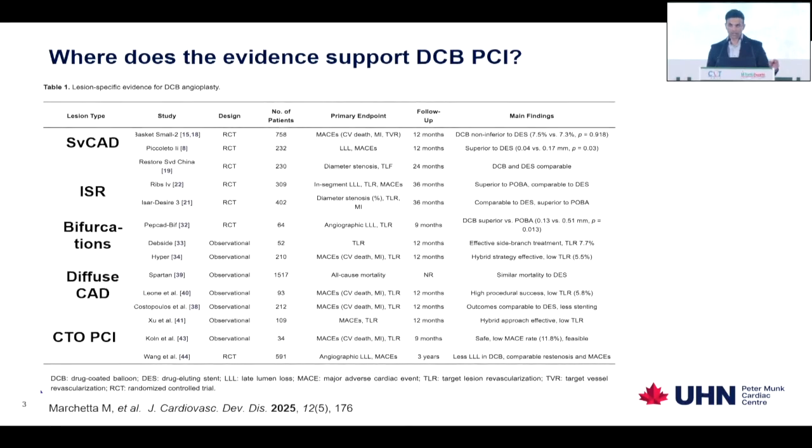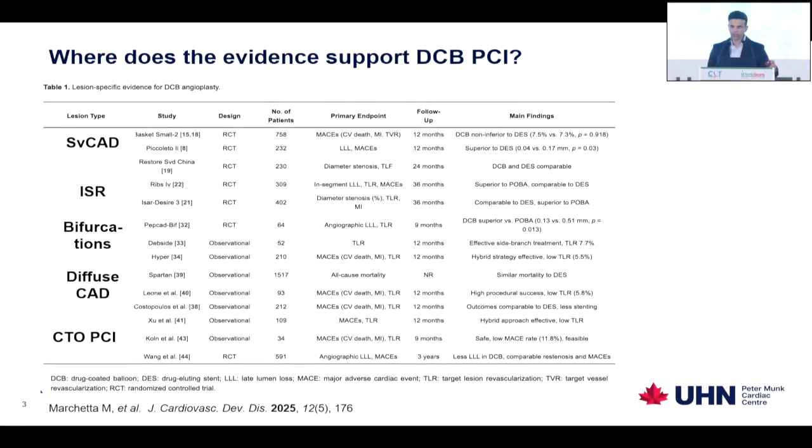So there's lots of evidence, right? There are many observational studies, some retrospective studies. There's only a handful of RCTs, in small vessel coronary disease is probably where the most evidence has been generated, around 1,100 to 1,200 patients.